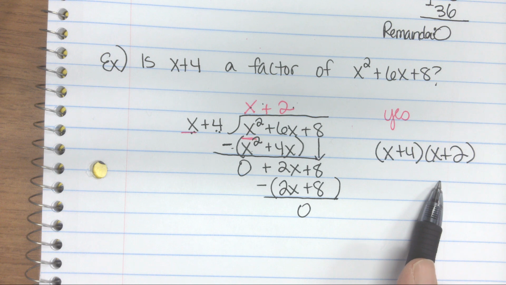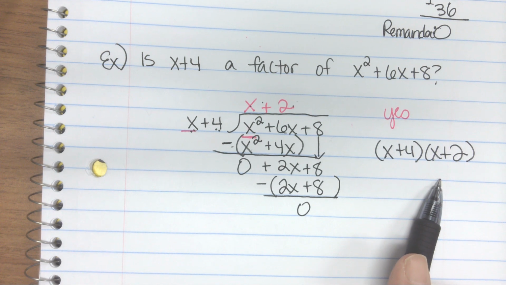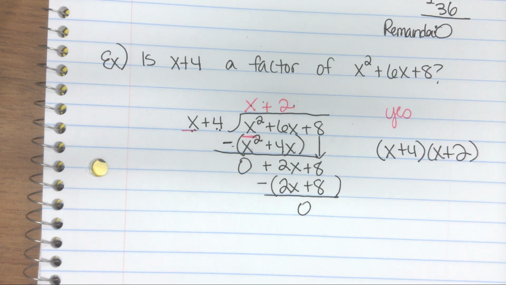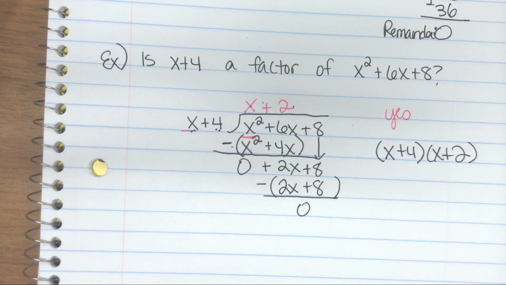Let's see how good our memory is. Can anybody tell me then what are the x-intercepts of the graph of that? If you think you know, would you talk to the person next to you or in front or behind? If I told you this, what are the x-intercepts on that graph?